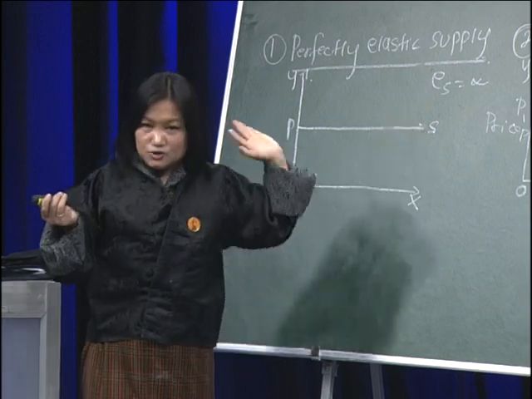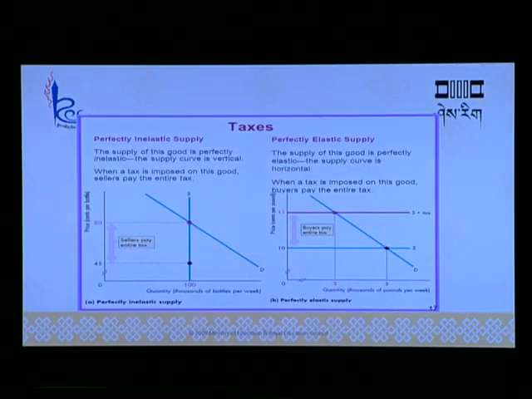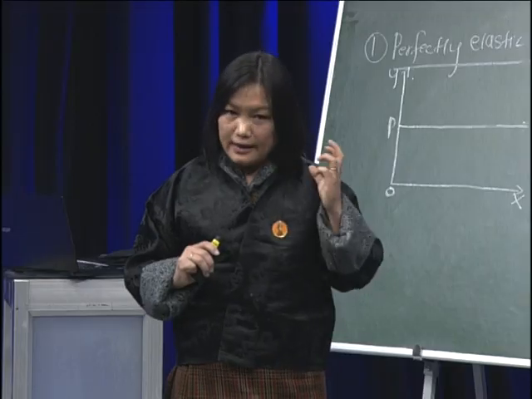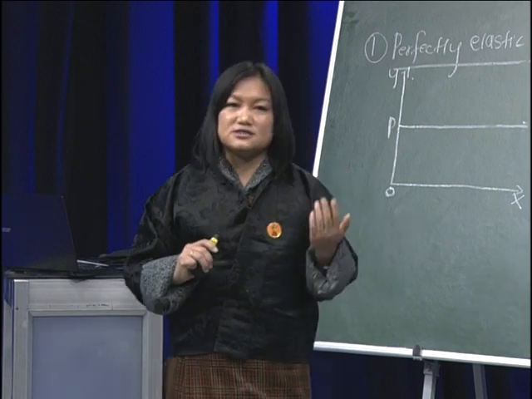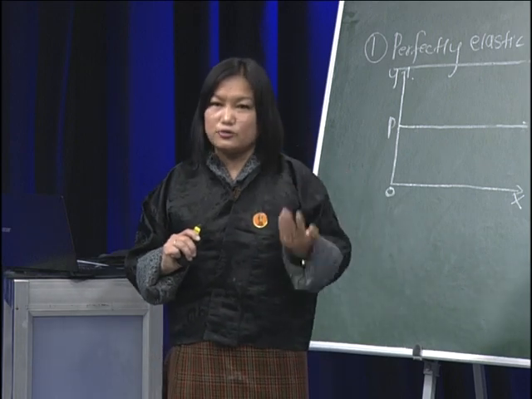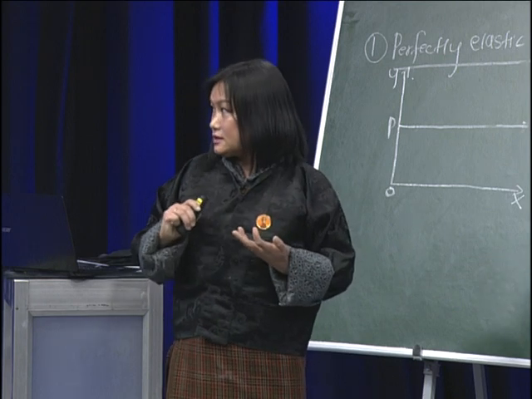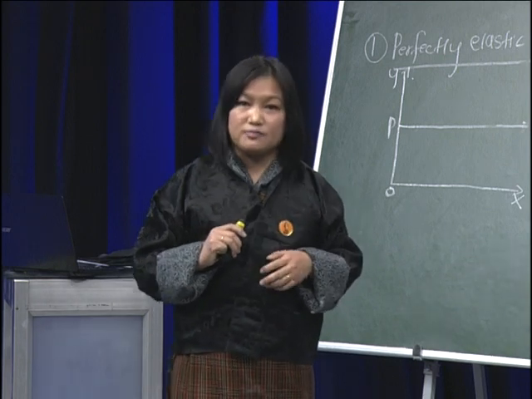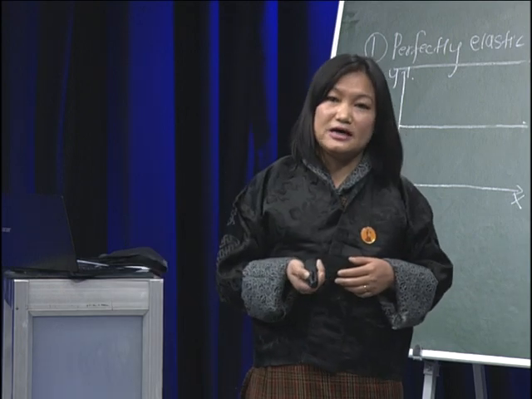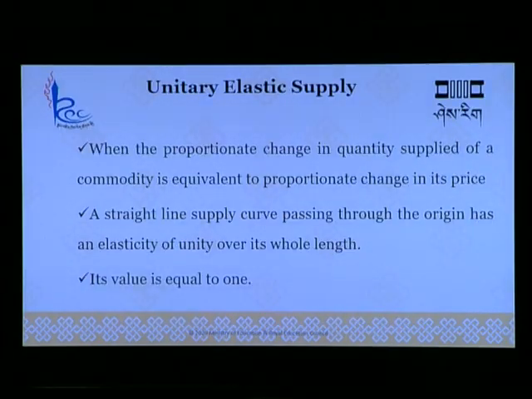So this is a situation where the taxes are being imposed on the buyers, meaning that the price is going to shoot up. So as soon as the price increases, as a supplier, because your main motive is to earn profit, you'll be willing to supply more. So this will give us perfectly elastic supply. Okay, now let's look at unitary elastic supply, the third one.